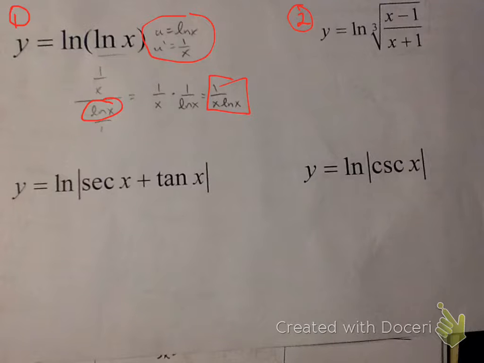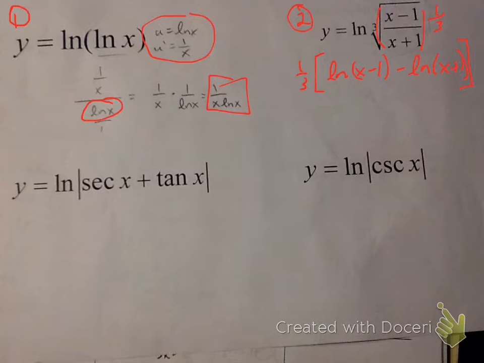So you can split apart this log. Because this is the 1/3 power, you can put the 1/3 out front, and then we have natural log of x minus 1 minus natural log of x plus 1. Those derivatives are much easier than doing a big old chain rule problem.